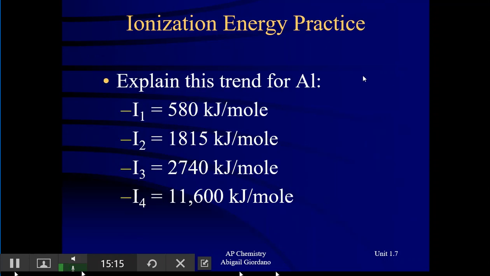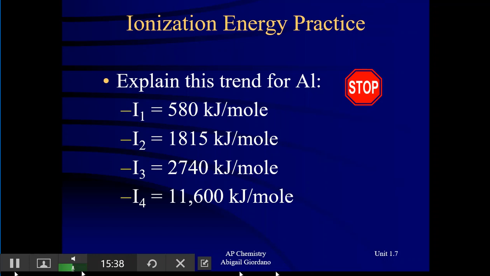So let's look at another one. I want you to look at where aluminum is on the periodic table. Look at these numbers, and let's say this is a free response question. Explain this trend. Why?